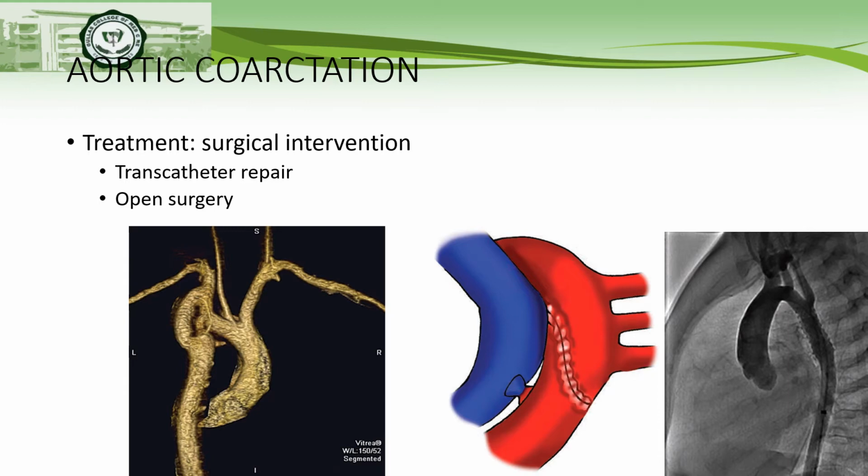Open surgical techniques currently used are resection with end-to-end anastomosis or extended end-to-end anastomosis. Taking care to remove all residual ductal tissue. The first picture here shows a CT angiogram showing a recurrent coarctation repaired by an extra anatomic bypass.